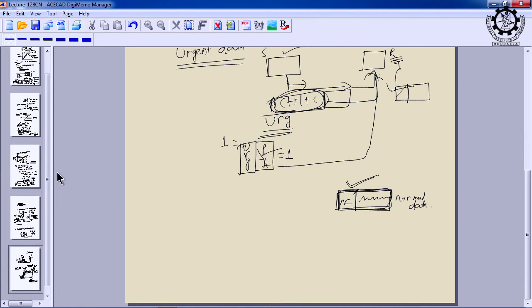The urgent data at the beginning of the segment is control C. So immediately it says to abort the process, and whatever processing was taking place at the receiver side will be aborted, and your network resources and computer resources are all safe.